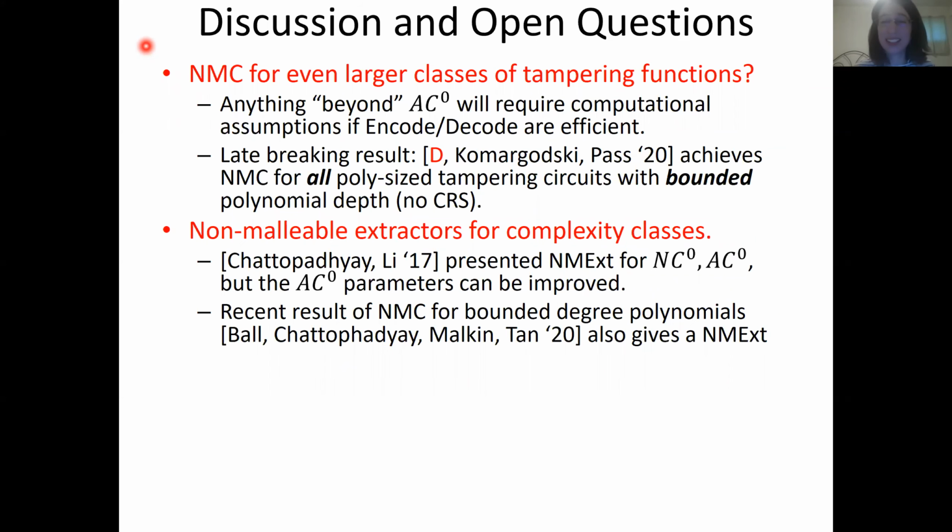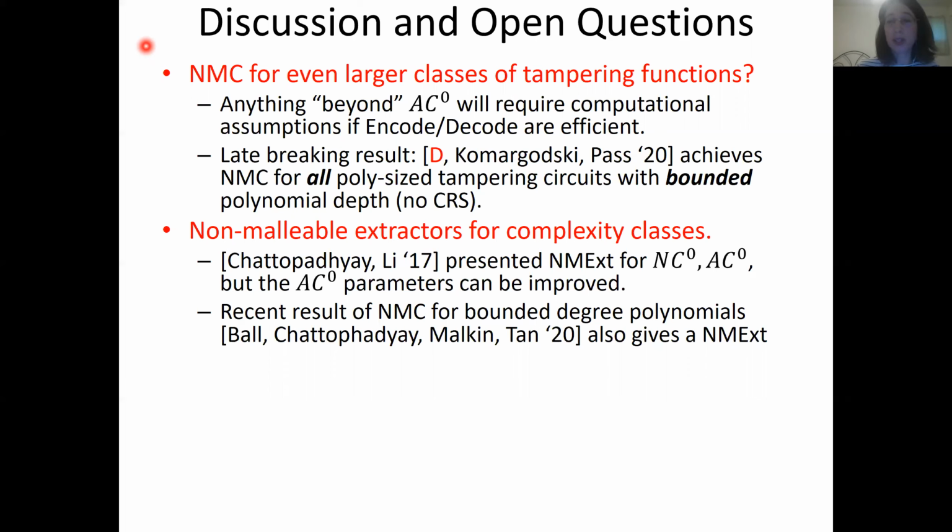And since this is ITC, Information Theoretic Cryptography, I also wanted to mention the question of obtaining non-malleable extractors for these various types of complexity classes. Non-malleable extractors are similar to non-malleable codes. They actually imply non-malleable codes, but the parameters of the non-malleable extractor will affect the parameters of the non-malleable code.